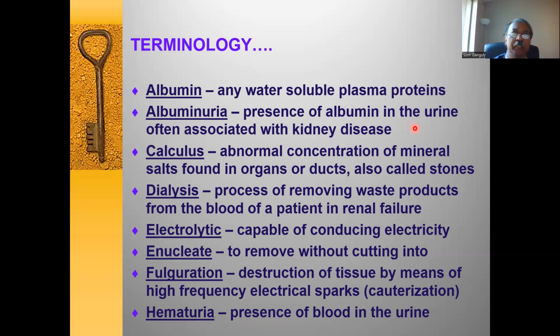That means the kidney is not filtering the albumin from the urine efficiently, so there may be some kind of kidney disease. Albuminuria is the terminology associated with presence of albumin in the urine.